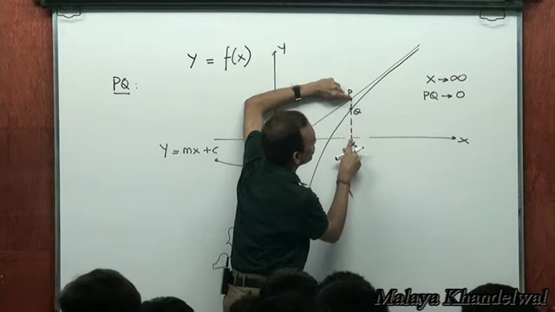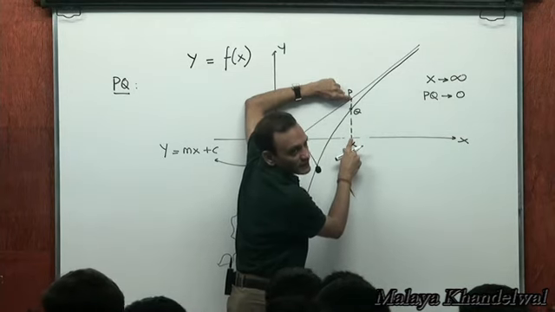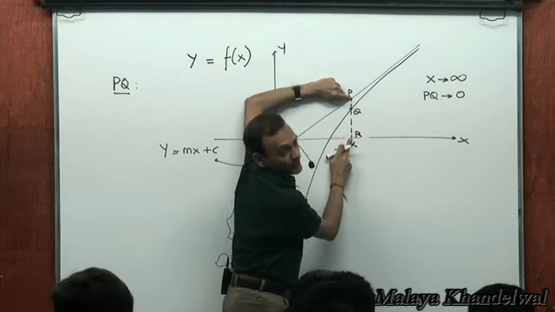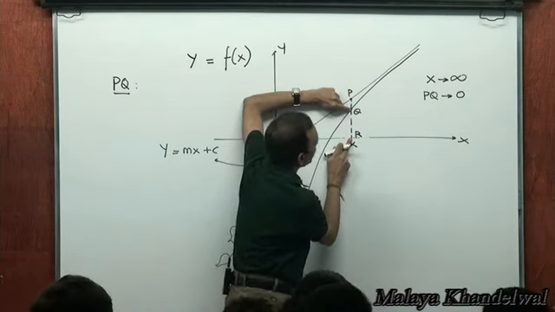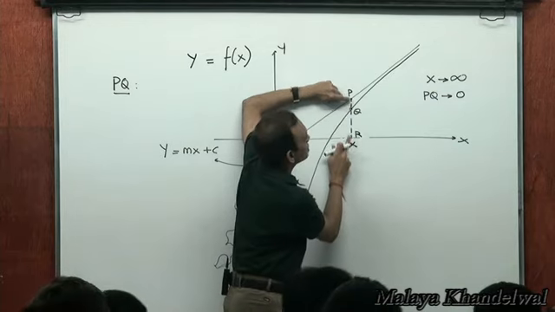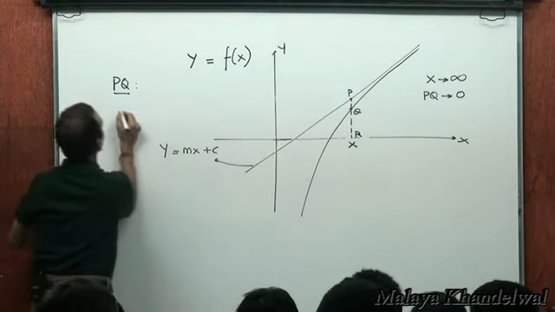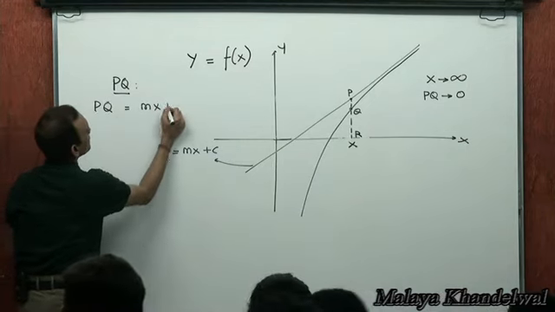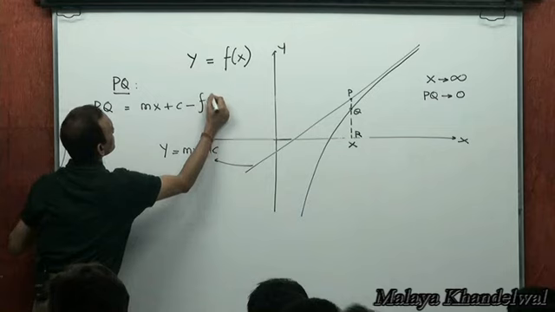For a given x, y of the straight line would be mx plus c, right? That means PR would be mx plus c, and QR would be f(x). So PQ is mx plus c minus f(x).